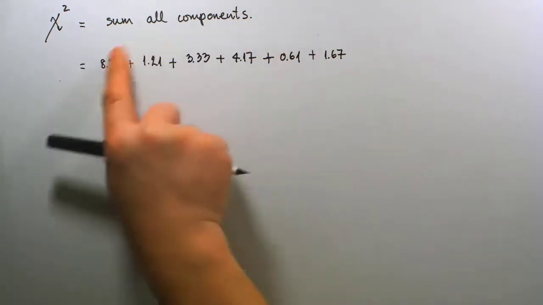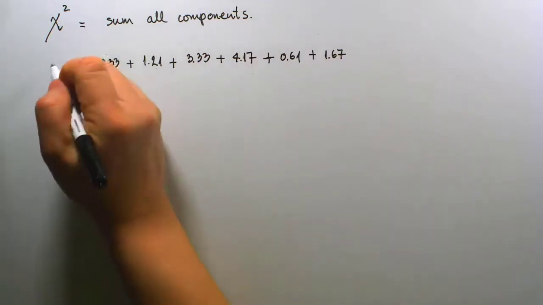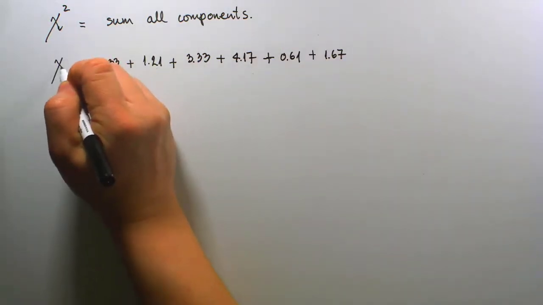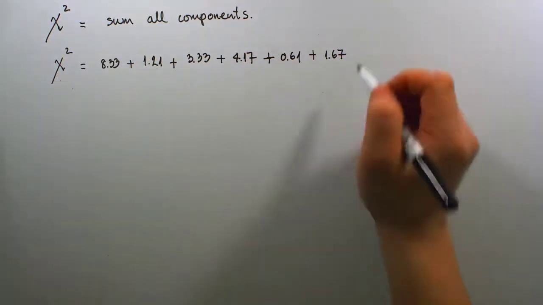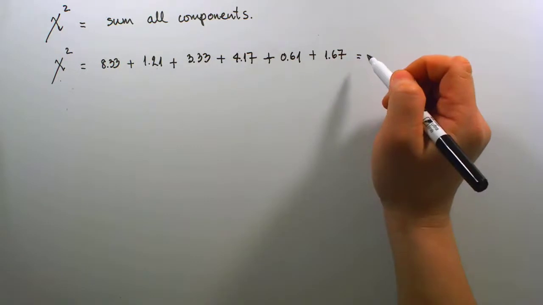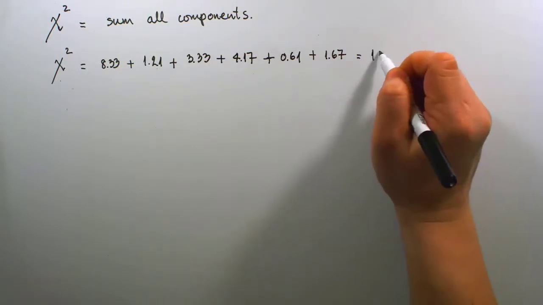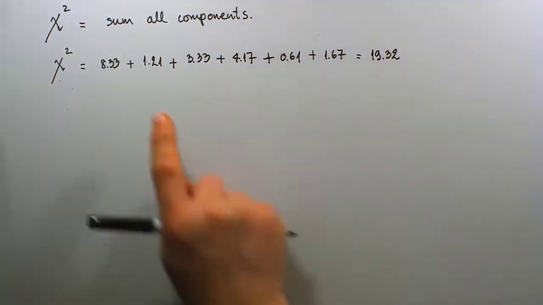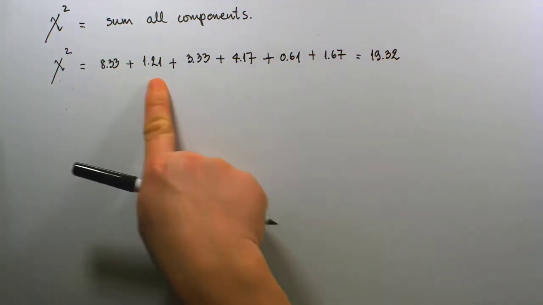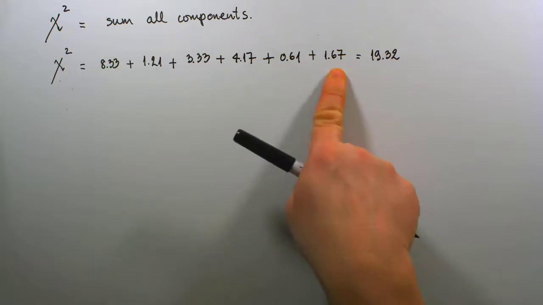And the sum of all these component values is referred to as the chi-square value. Final calculation of mine came out to be 19.32.